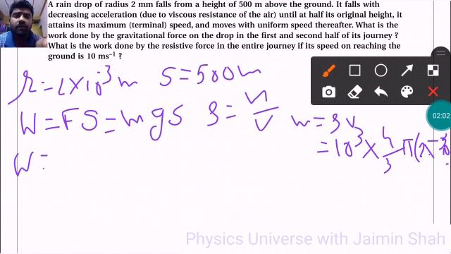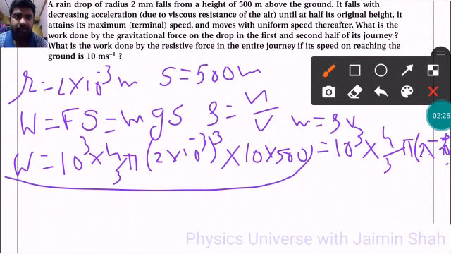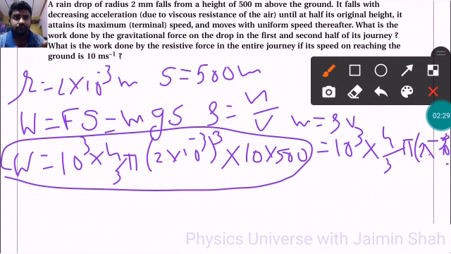So now work done is 10 raised to 3 into 4 by 3 pi into (2 into 10 raised to minus 3) cube, this is mass, into g which is 10 and s which is 500. This is the work done from the maximum height, right?